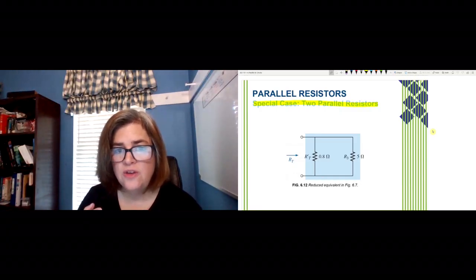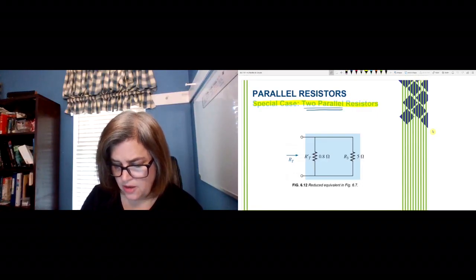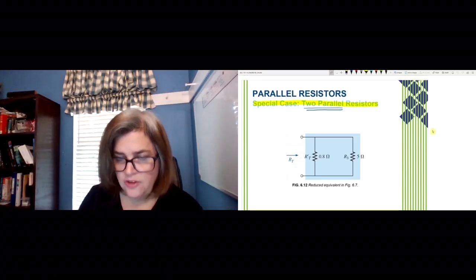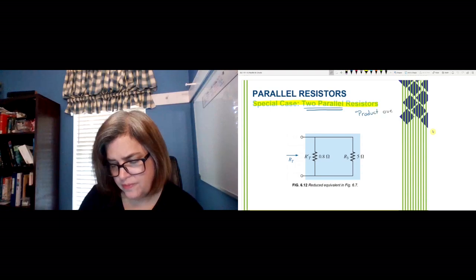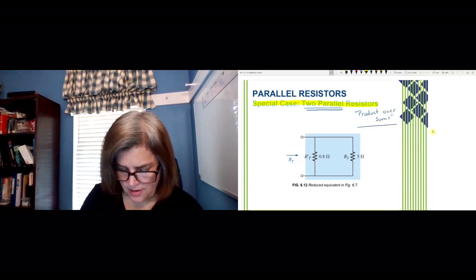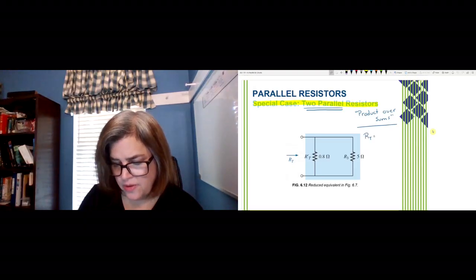And this is only good when you have 2 parallel resistors in your circuit. All right. So when you have 2 parallel resistors, you can do something we call product over the sums. Okay. So what do I mean by that? I mean that RT will be R1 times R2 over R1 plus R2.